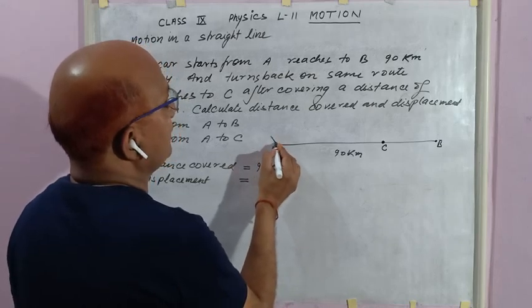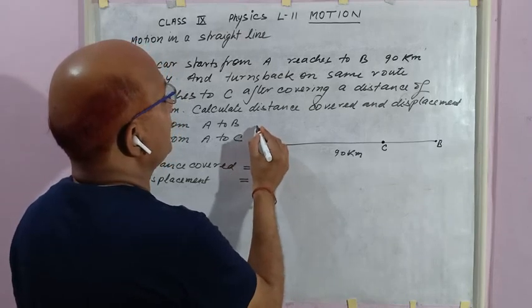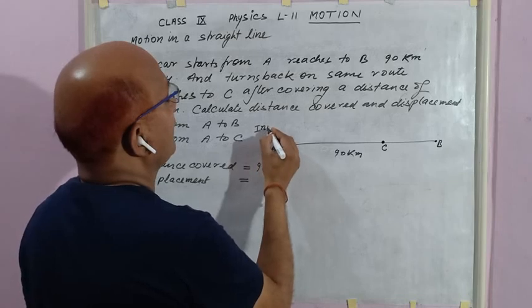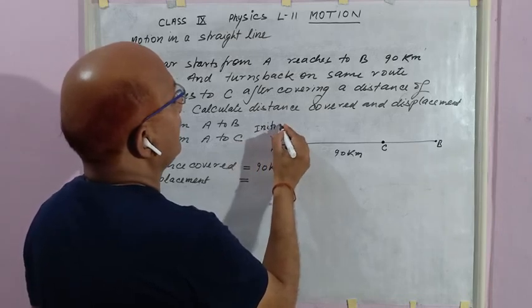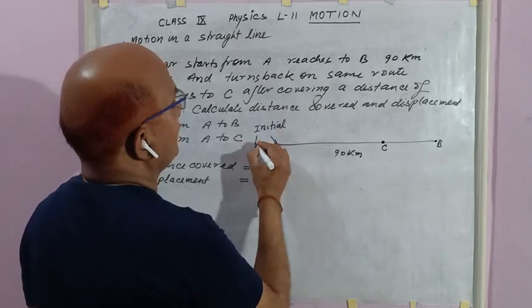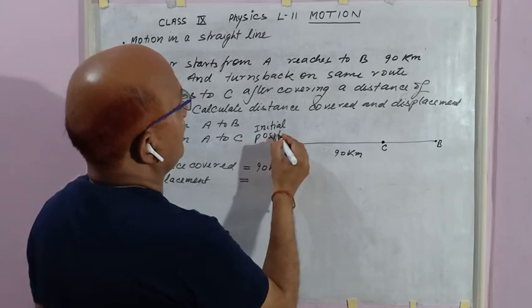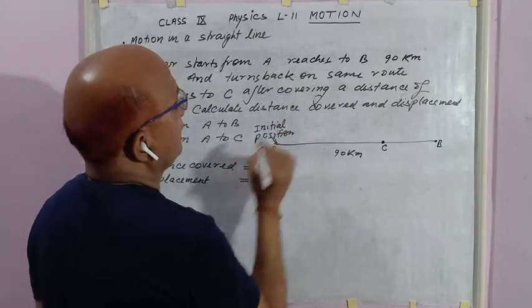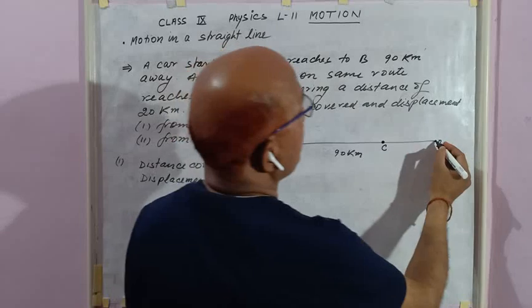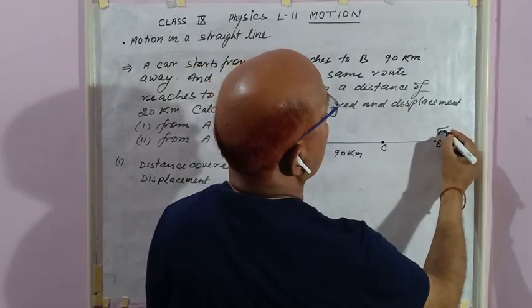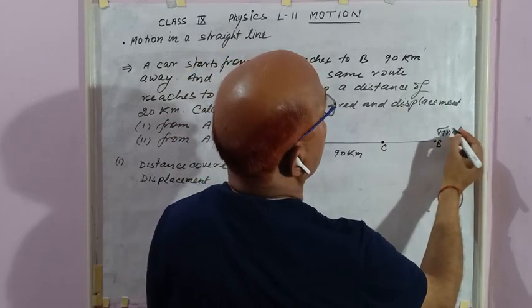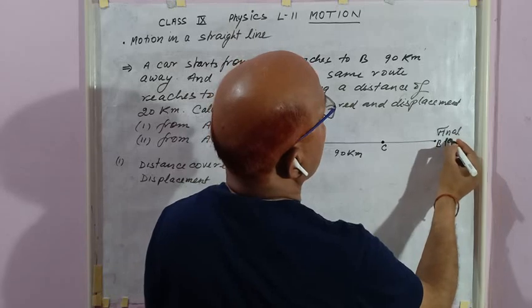As you know, A is initial position of the car, and B is final position.